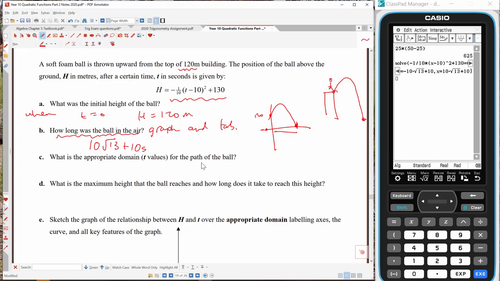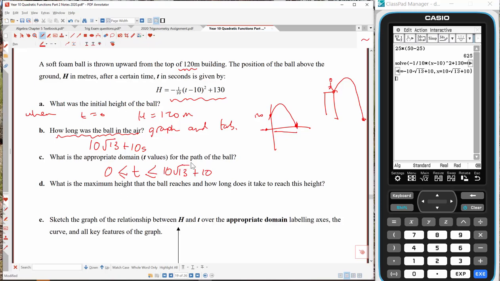What is the appropriate domain or t-values for the path of the ball? We're going to say that it is from time 0, less than or equal to, because we can include that endpoint, because at time 0 the ball is in the person's hand, all the way up to 10 root 13 plus 10.